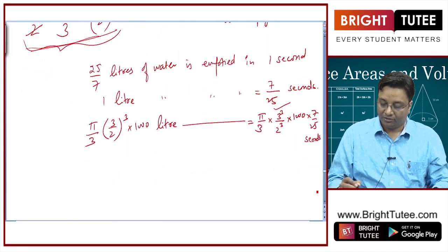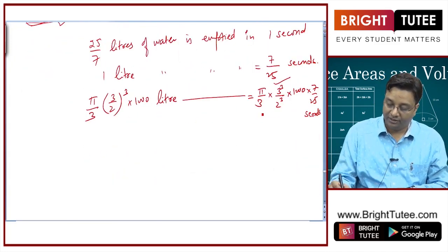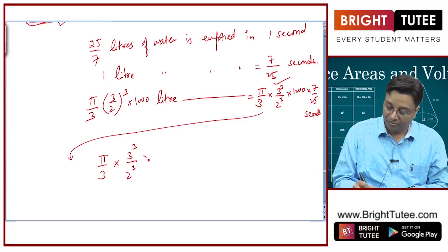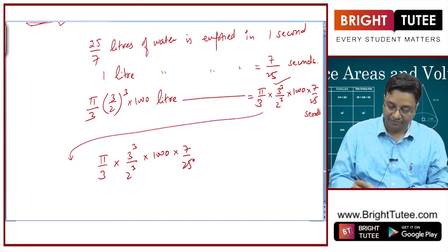Okay? So let me calculate it here, pi by 3 into 3 cubed by 2 cubed into 1000 into 7 by 25, right? So this can be written as 3 square, that is 9 here, right?